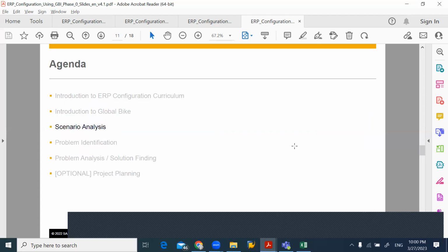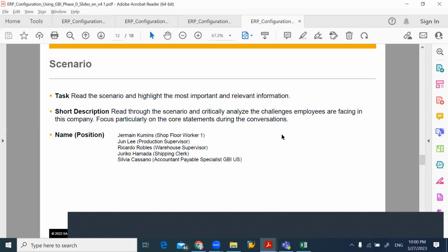We have the scenario. We'll study the scenario and do the analysis. That is a reading task. You have to read and highlight the most important and relevant information from that scenario. You have to read through the whole scenario and critically analyze the challenges employees are facing in this company, and focus particularly on the core statements during the conversation. You will see emails going back and forth among the different employees.